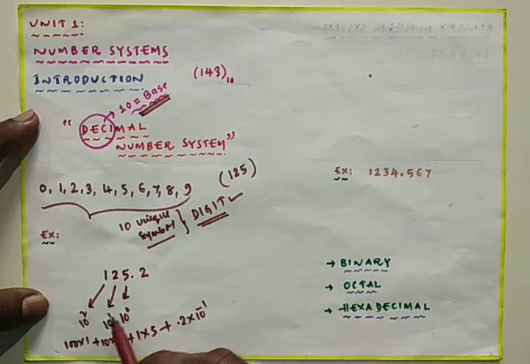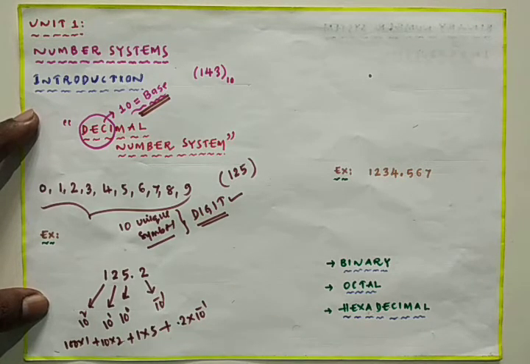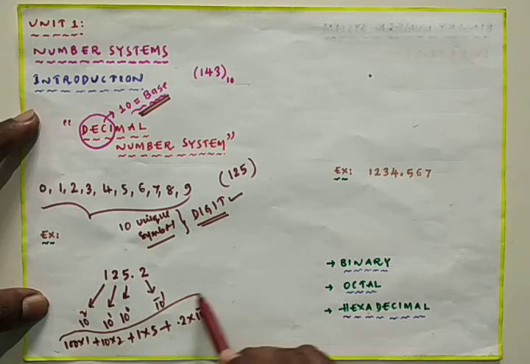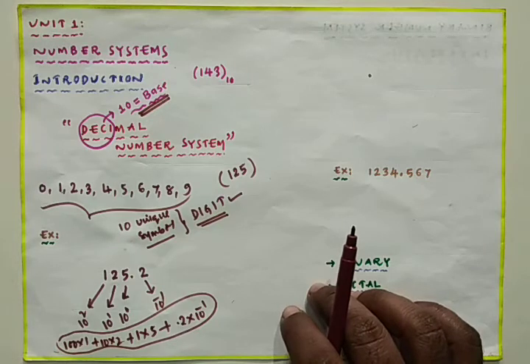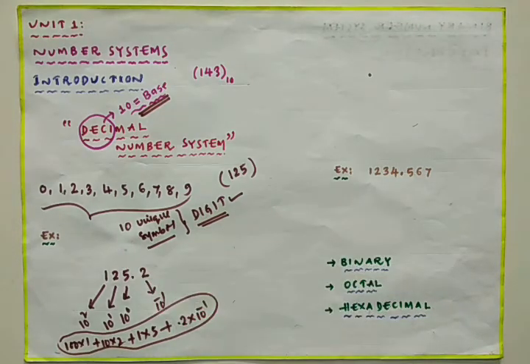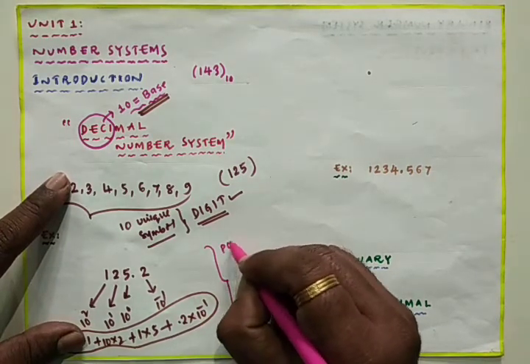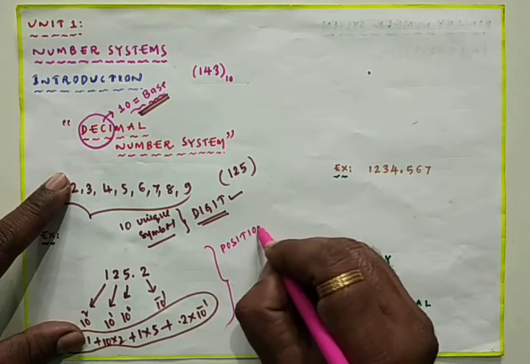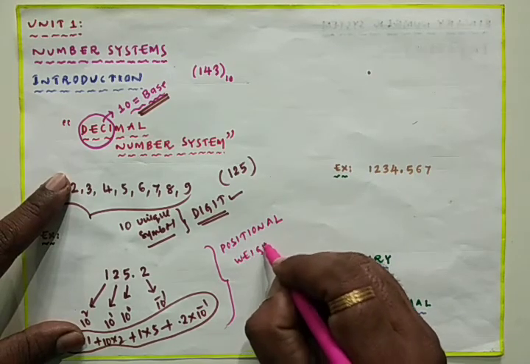That means in this number system, each digit has some positional weight, and this type of number system is called a positional weight number system.